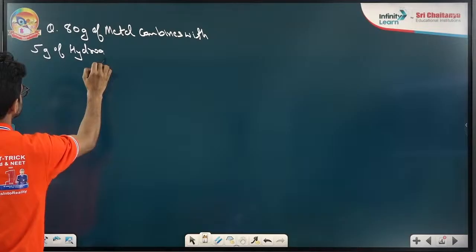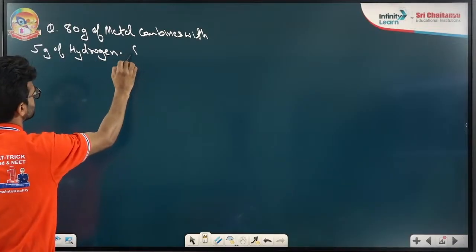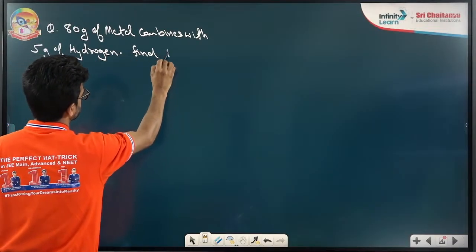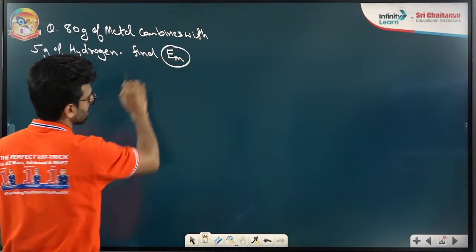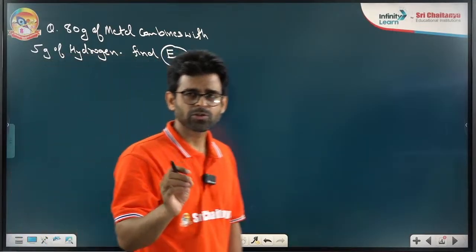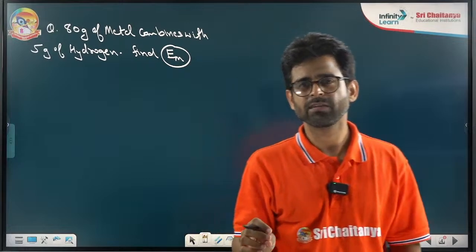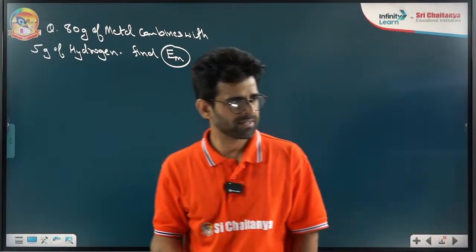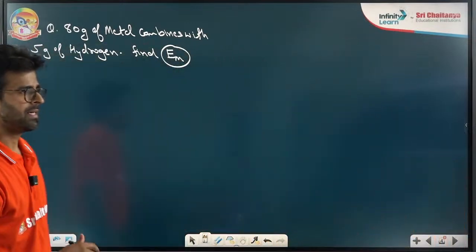So find Em. Exactly the same question. In which form are they giving it? They are giving it in the form of hydrogen. So nothing different. Exactly the same one.